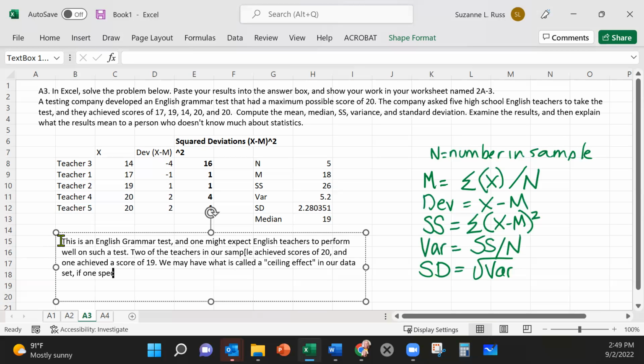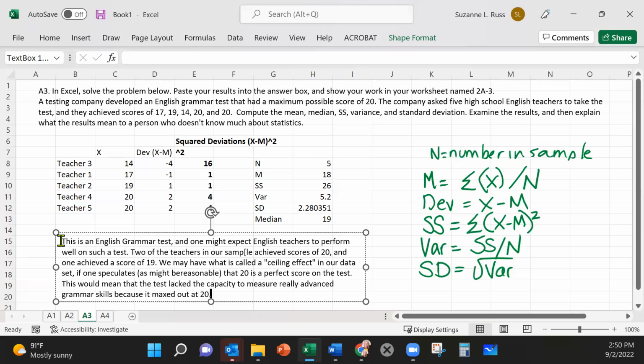If one speculates, as might be reasonable, that 20 is a perfect score on the test, this would mean that the test lacked the capacity to measure really advanced grammar skills, because it maxed out at 20.